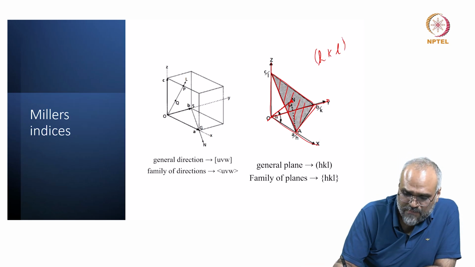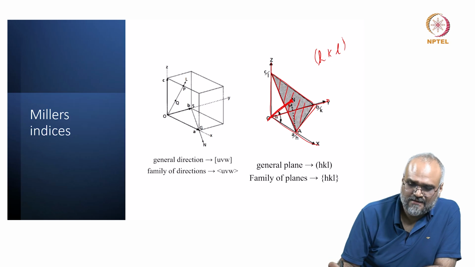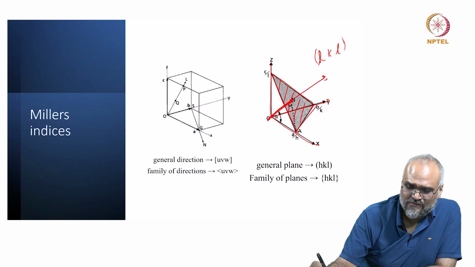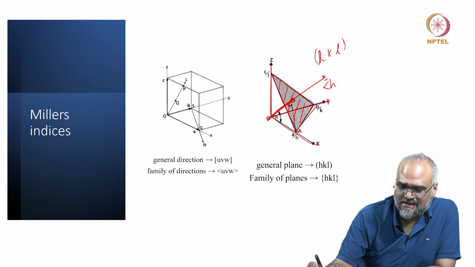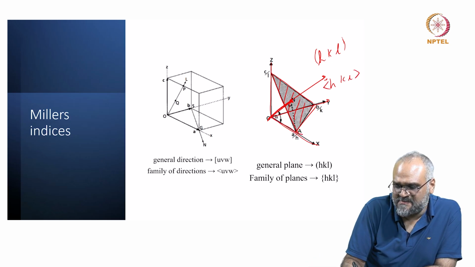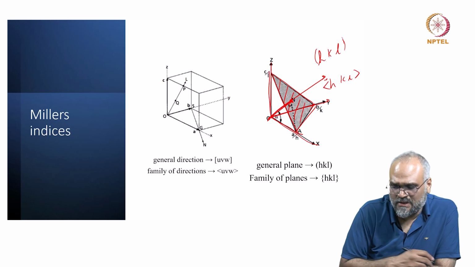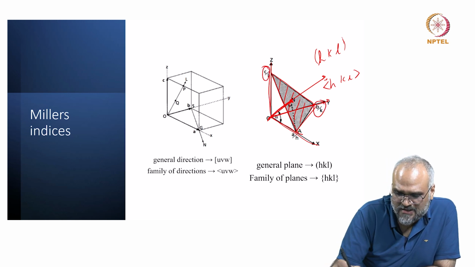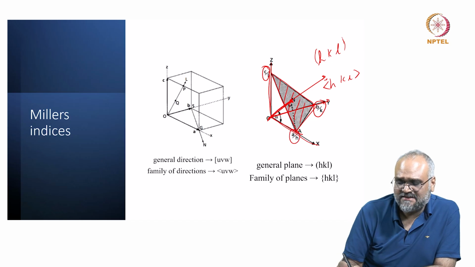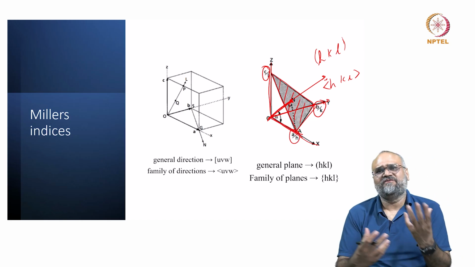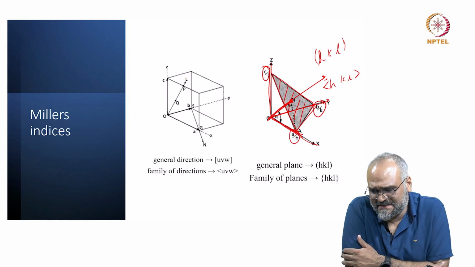If I draw a plane normal, I can represent this plane normal with a direction vector h, k, l as well, and in terms of my unit lattice vectors, I can get some values of intercepts which are intersecting on my x, y and z axes, which I have defined to get the Miller's indices.